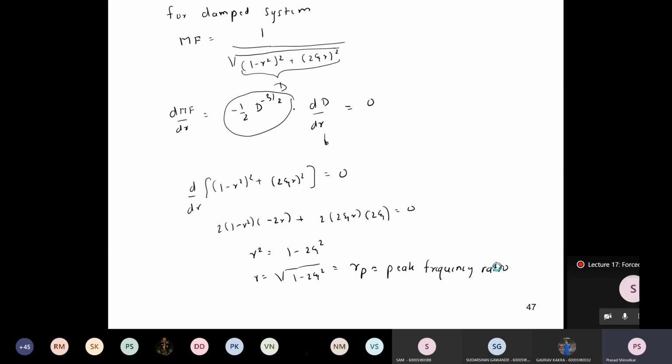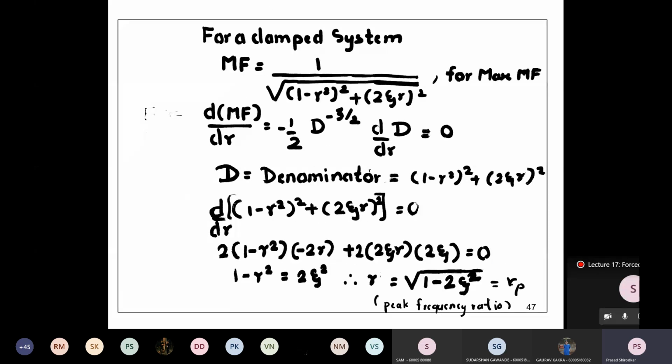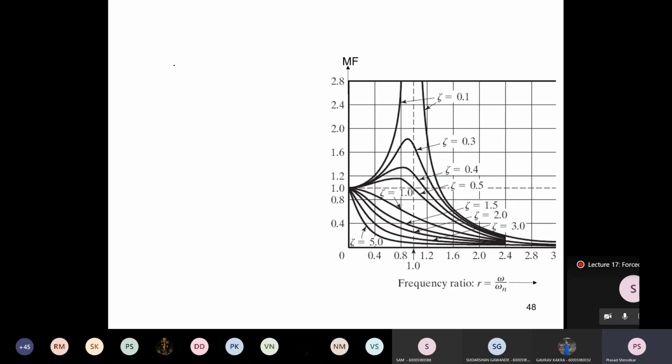All right. Okay. So we have derived the expression for peak frequency ratio. Now we'll continue our discussion based on this expression. We are going to use this expression and continue our discussion.